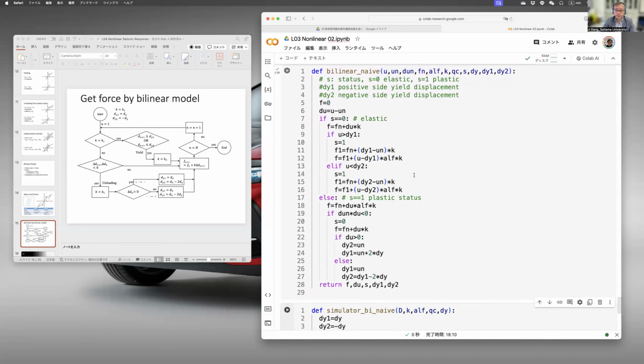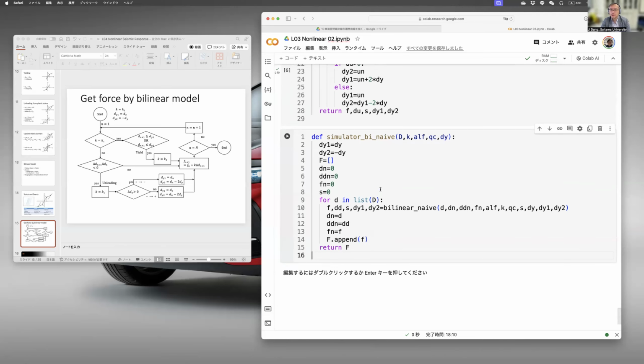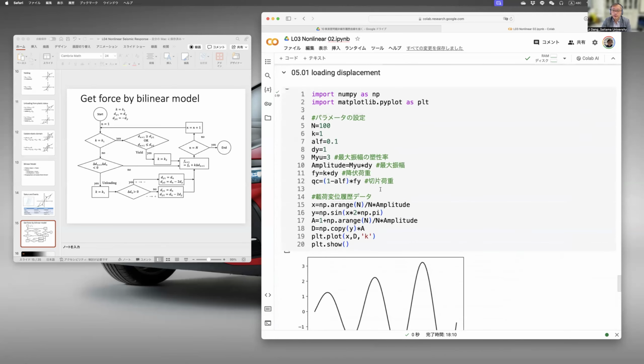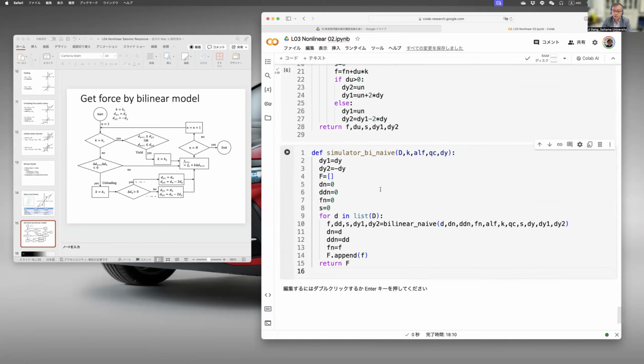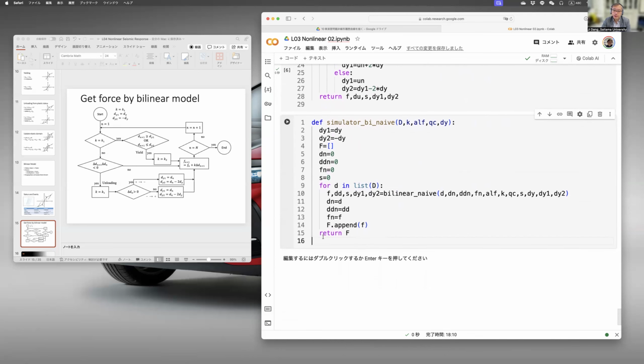This D. And then we go step by step in the list of D. We cast D to a list before we generated the NumPy array, right? So we cast them to the list. And then we use the naive bilinear model to calculate the force and record step by step and append force. And then we return force. Okay, so let's see if this works or not.